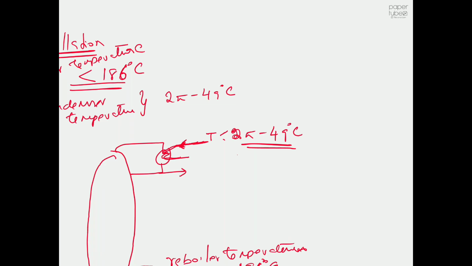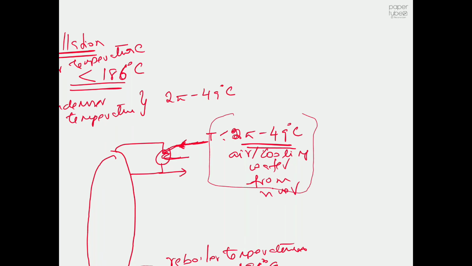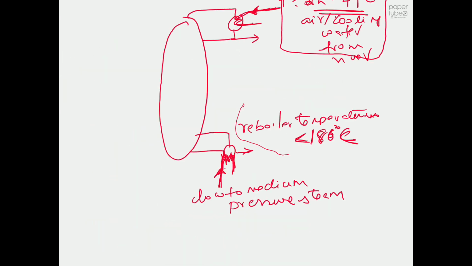Instead of expensive refrigerants, we can use normal air or cooling water from a river. So that's why these two conditions make the process more economical. I hope you all understand.